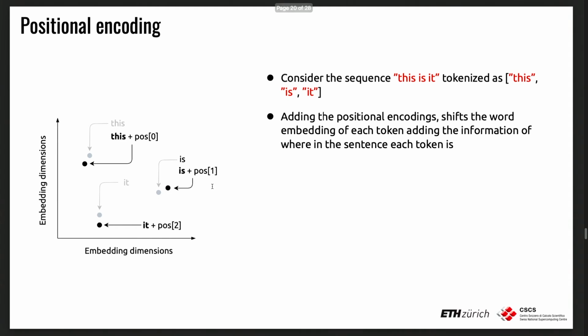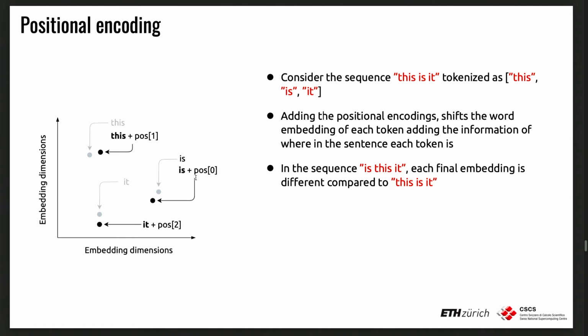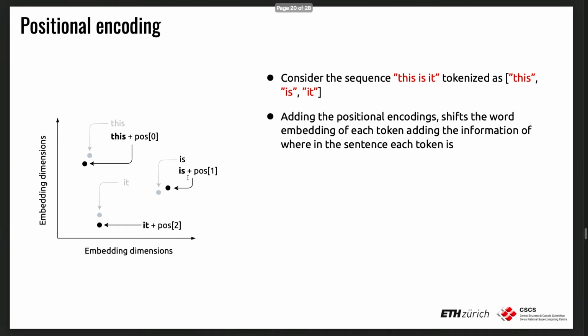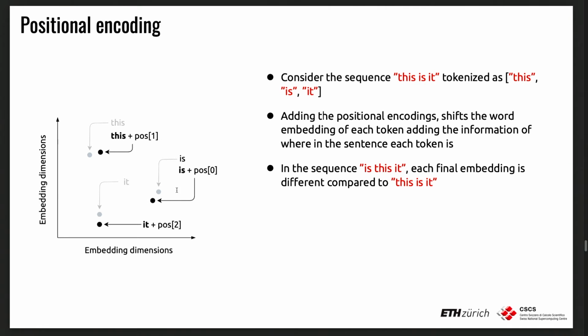Same thing that happened with "is", that it was shifted up and to the right. Before, when "is" was in position 1, it was shifted like this by position 1, but now with position 0, it is shifted a bit down and to the left. And it is the same because it didn't change position. It stays in the same position.